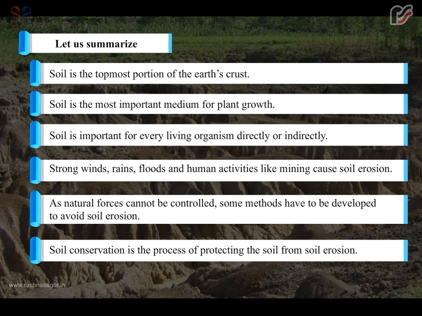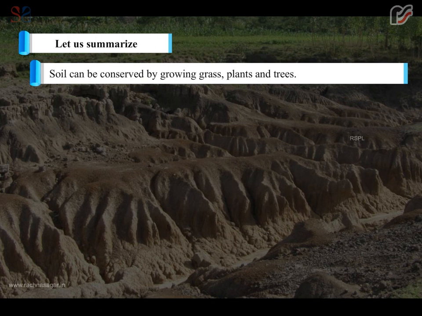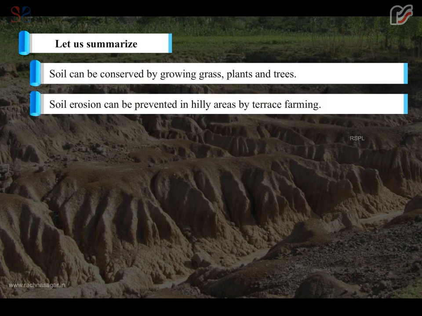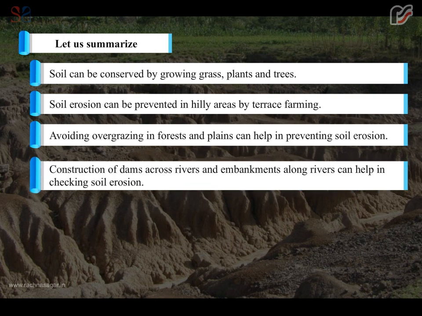Soil conservation is the process of protecting the soil from soil erosion. Soil can be conserved by growing grass, plants and trees. Soil erosion can be prevented in hilly areas by terrace farming. Avoiding overgrazing in forests and plains can help in preventing soil erosion. Construction of dams across rivers and embankments along rivers can help in checking soil erosion.